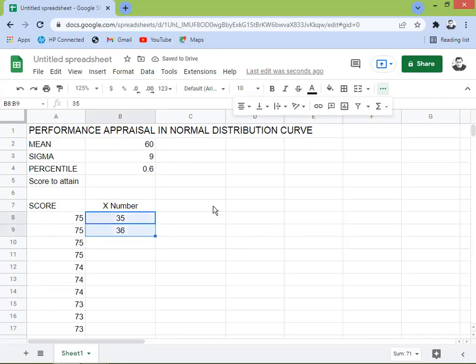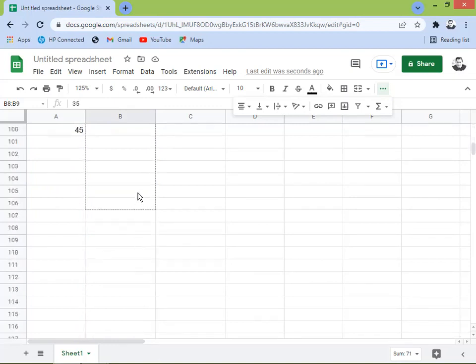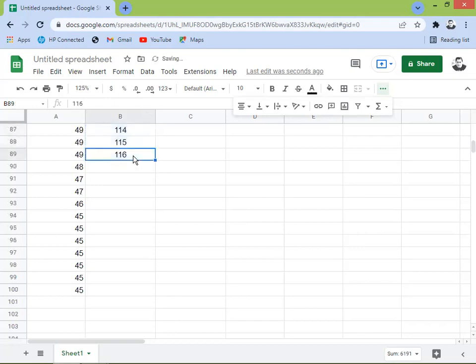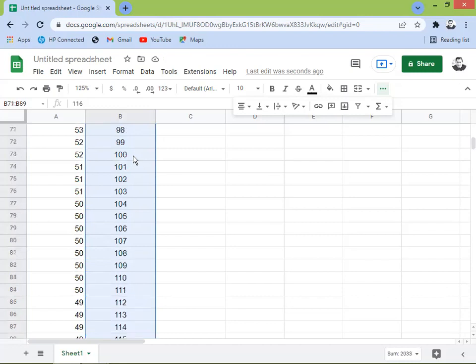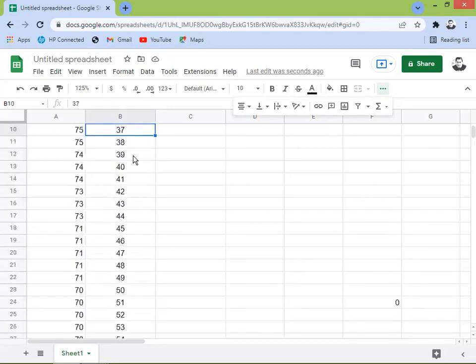So I'm gonna copy this down to get all the way up to maybe 85, because the largest is 75. I think, oh, there's too much. Okay, what I'm gonna do is delete from 86. Okay, this one, because we only need our X numbers.